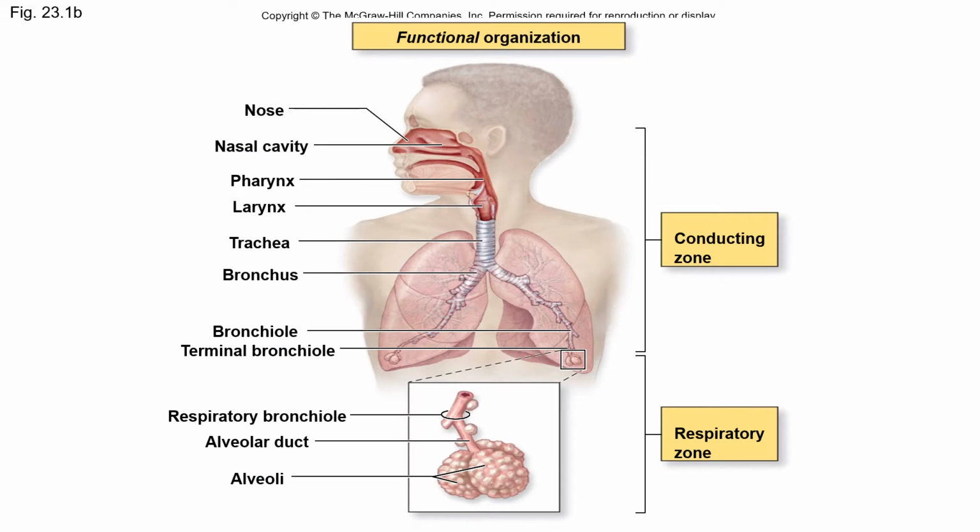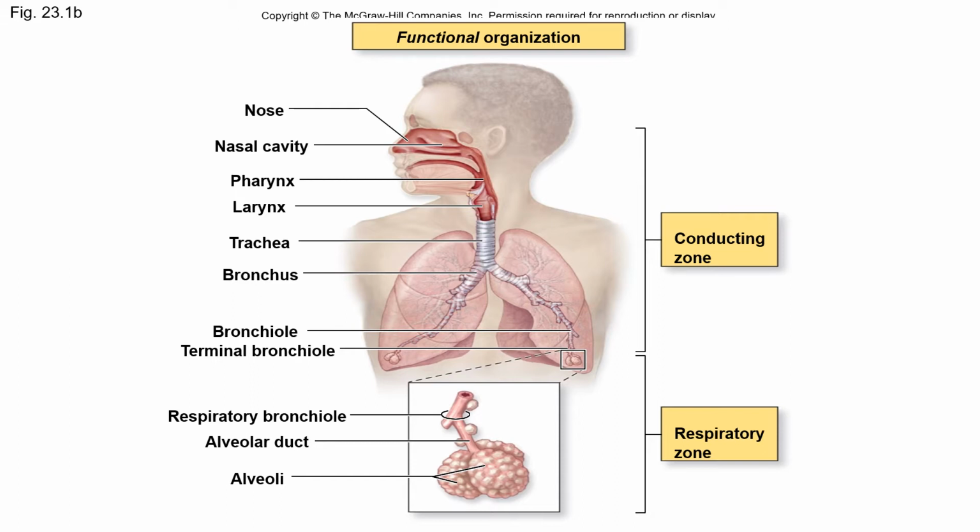All right. You can also take the entire group of airways and split them functionally instead of splitting them anatomically. And functionally, you get a conducting zone and a respiratory zone.